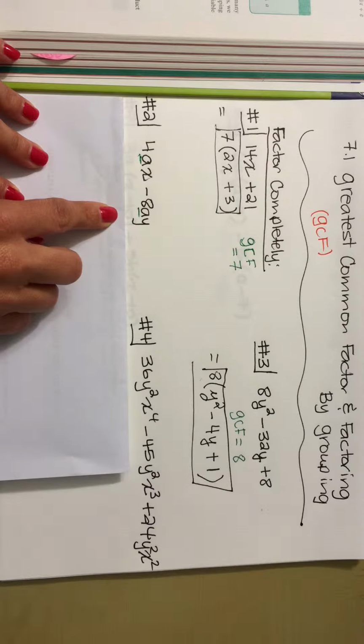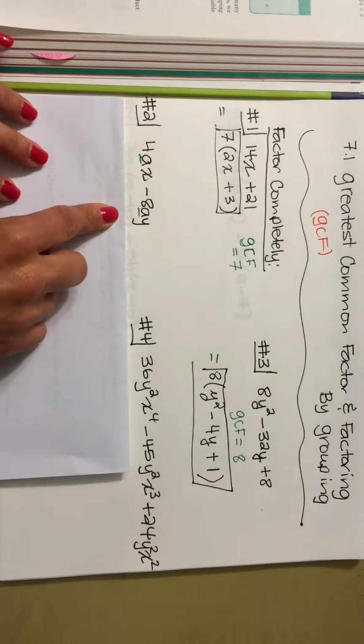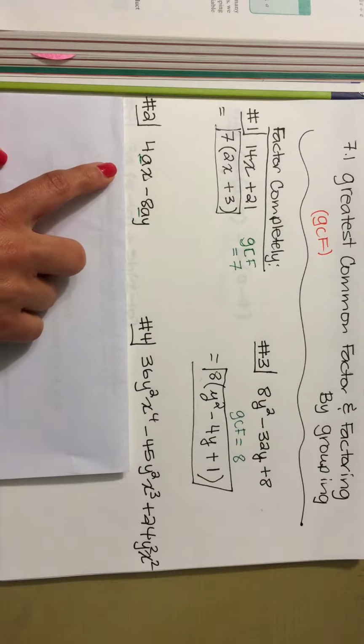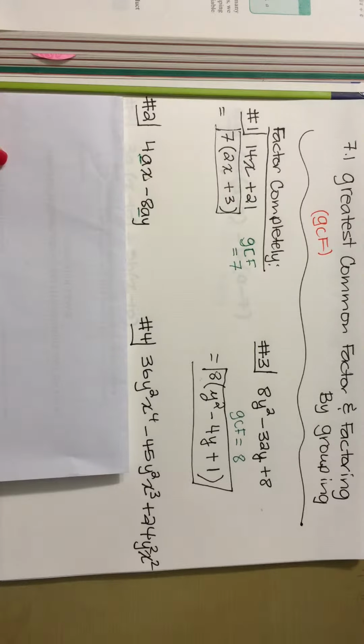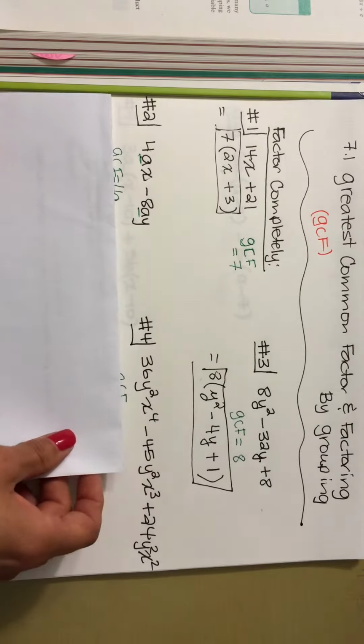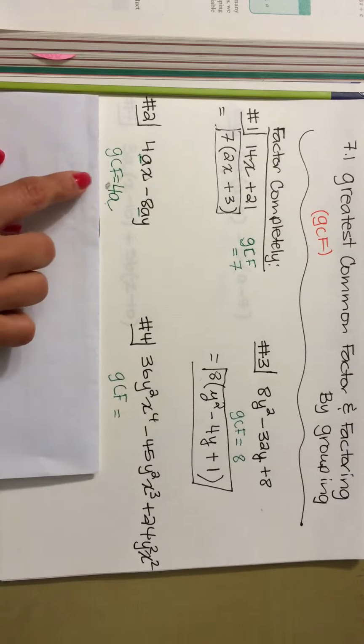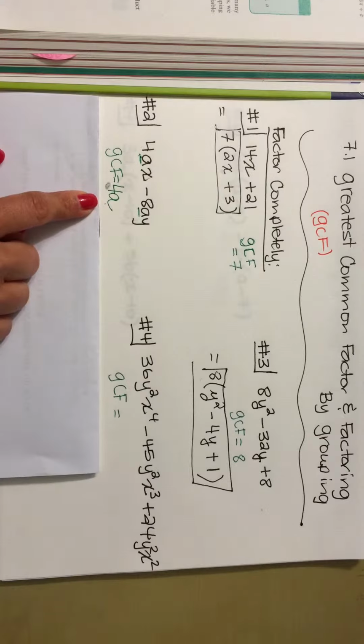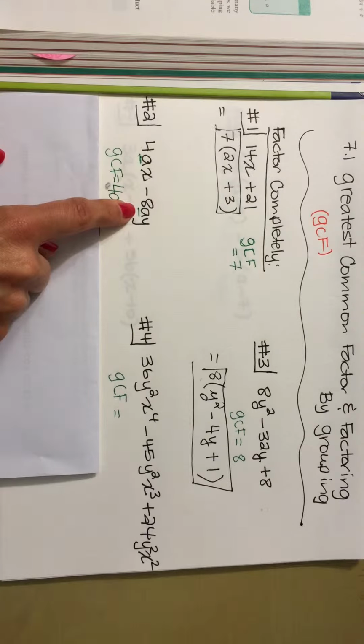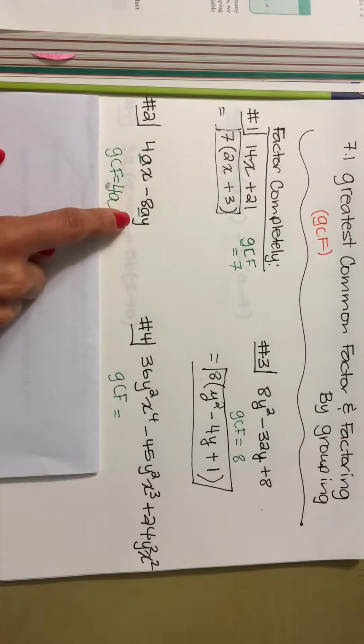In terms of the variable, whatever is common to all terms will be included in the GCF. Since both terms have an a, we have to include a in the GCF. So our GCF will be 4a. 4 goes into 4, 4 goes into 8, and then a is common to both.